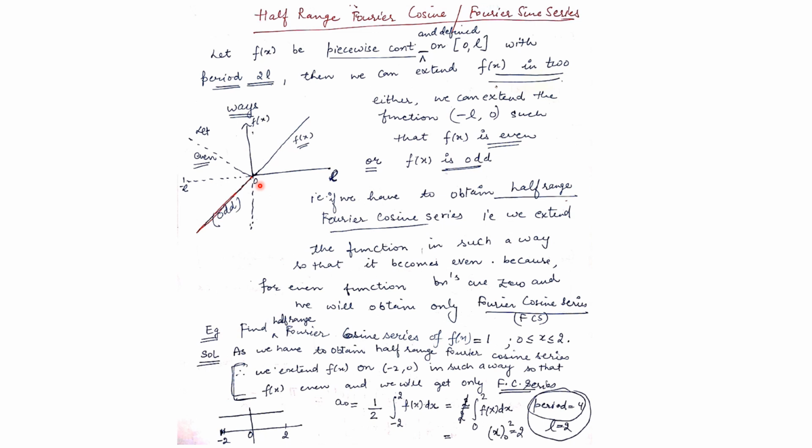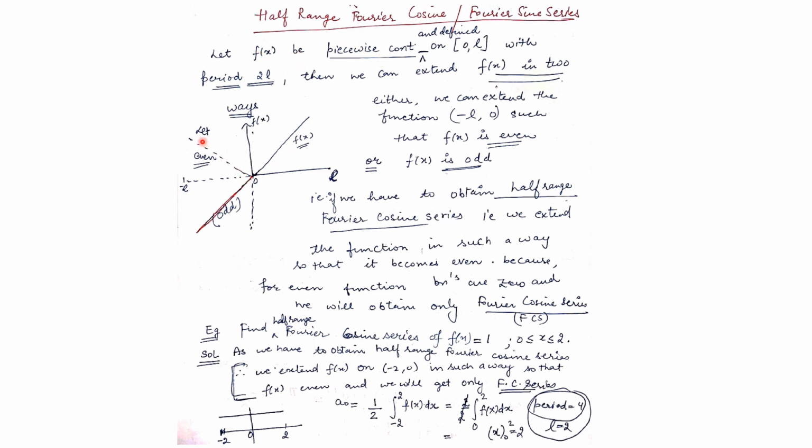Once again see, in this case our function is periodic with period 2L, but it is defined on half range. We have to extend to the interval minus L to 0. So we have to define the value of the function on the interval minus L to 0. In two ways we can define the value of this function.